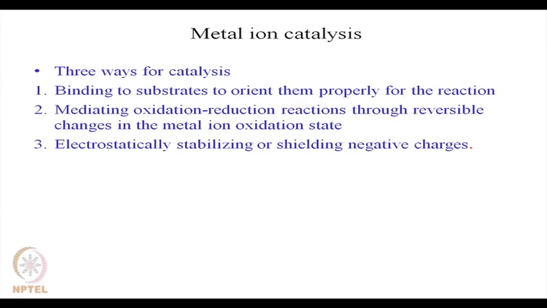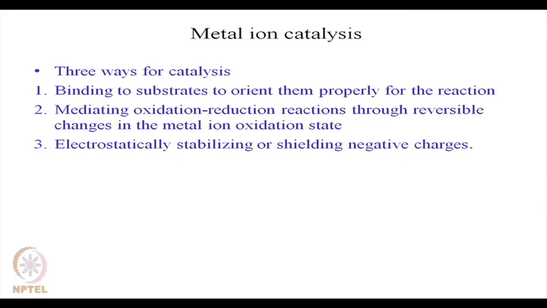Metal ion catalysis: 3 ways for catalysis. The first is binding to substrates to orient them properly for reaction. The second is mediating oxidation reduction reactions through reversible changes in metal ion oxidation state.